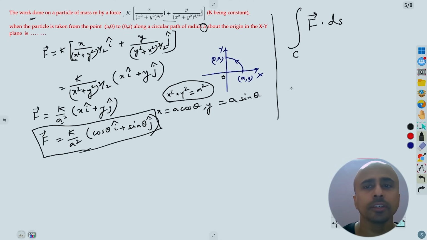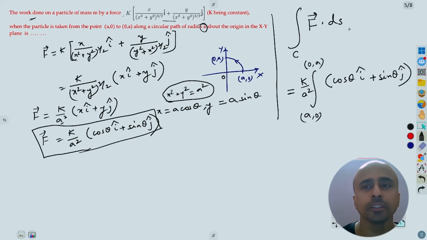So in this case, our path is a circular path. We are moving from a, 0 to 0, a. Our F vector is k by a square, cos theta... Actually it is a bit higher mathematics.